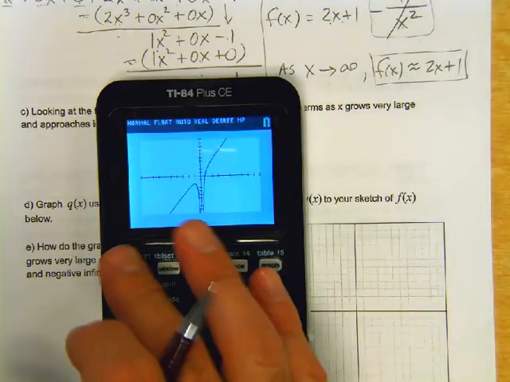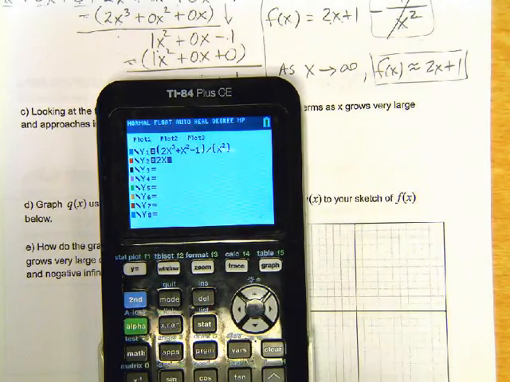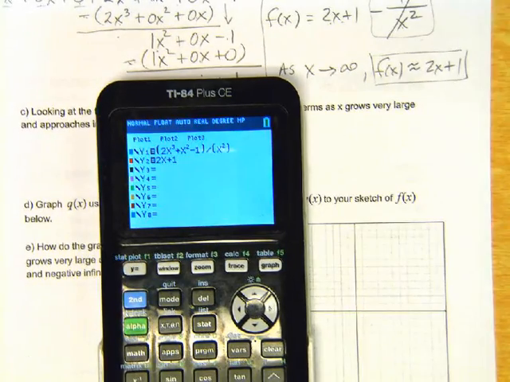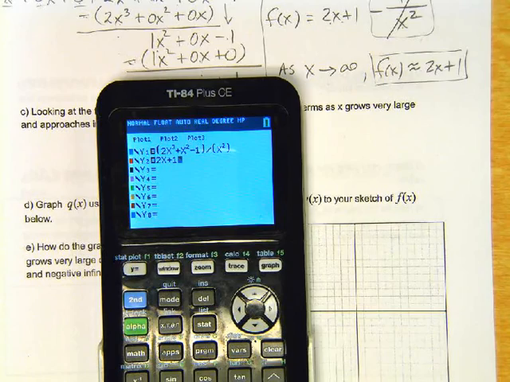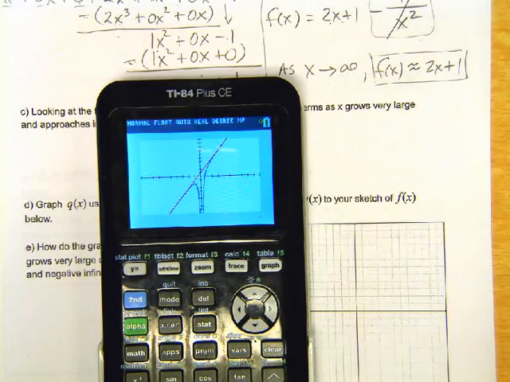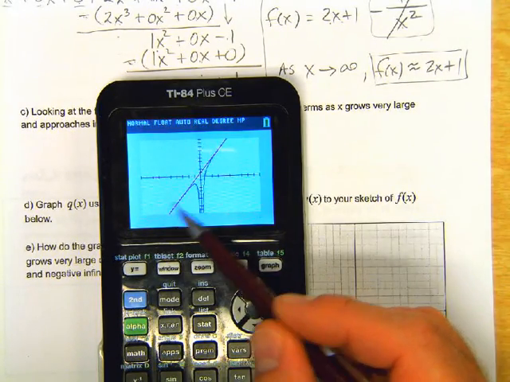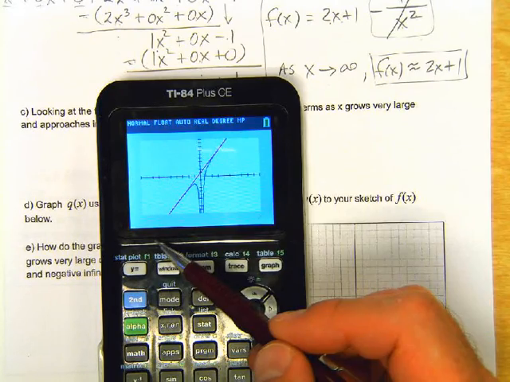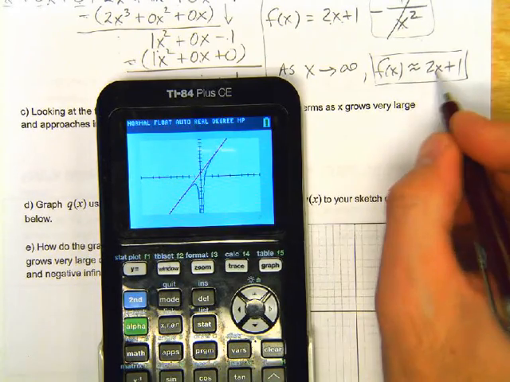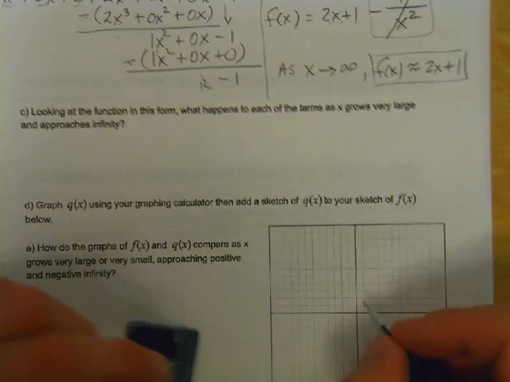Let's go back to our calculator, and let's go to y equals, and on y2, put 2x plus 1. And then check out the graph. Do you see how these tails, as x is getting large, are exactly or nearly exactly that line? So that is the oblique asymptote.